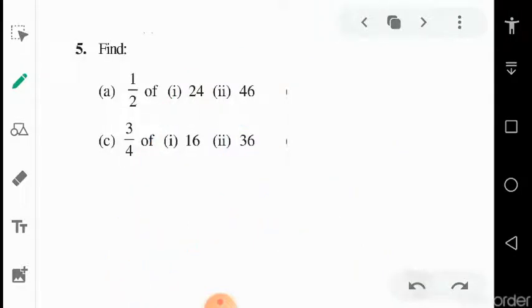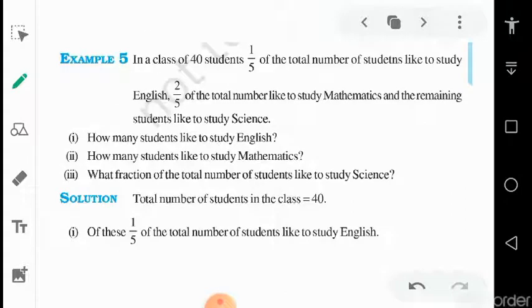Okay, further, this is a very important example. In a class of 40 students, which means there are total 40 students, 1/5 of the total number of students like to study English, means 1/5 of the students like English, and 2/5 of the total like studying mathematics, and the remaining like to study science.